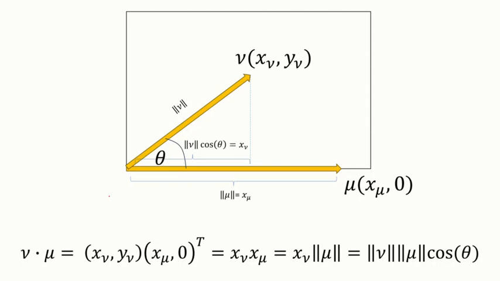Now I put a special mu. This is a special mu in order to simplify my derivation of the formula because it's on the x-axis itself. So this particular vector mu, I gave its coordinates.